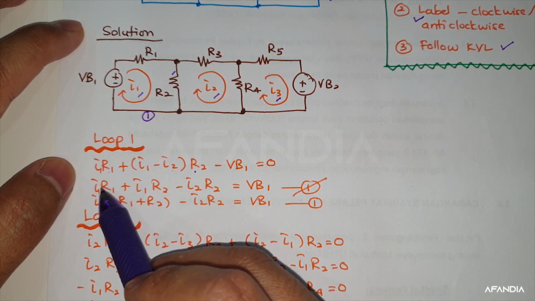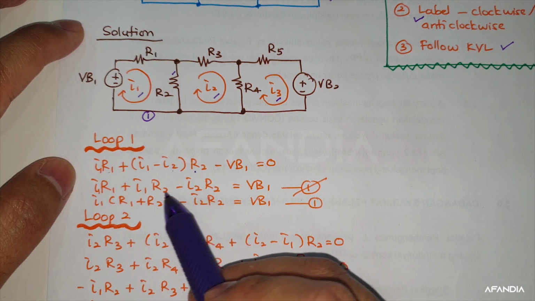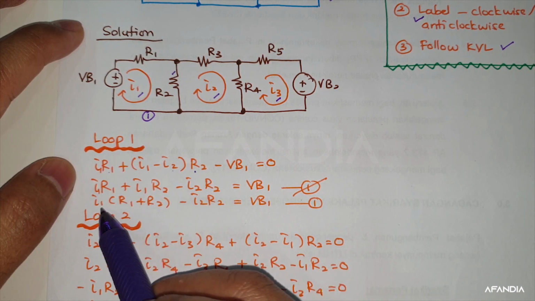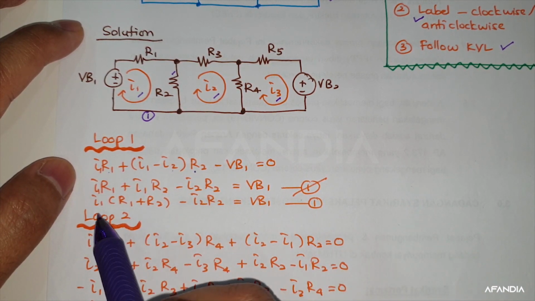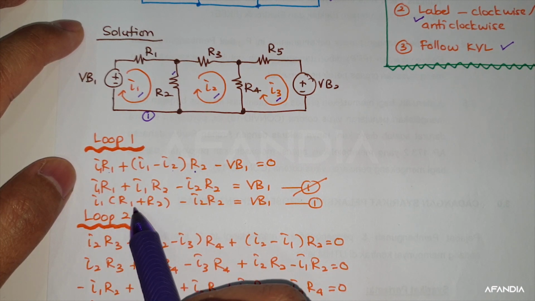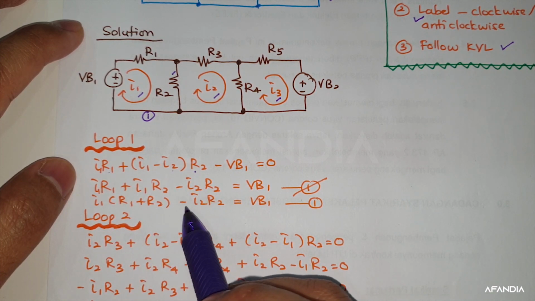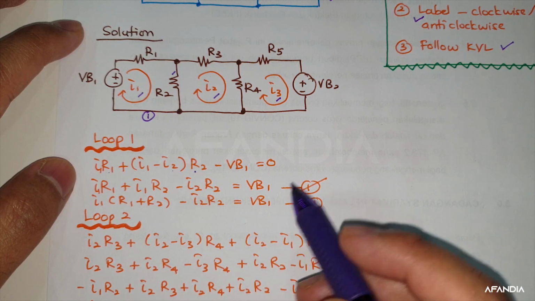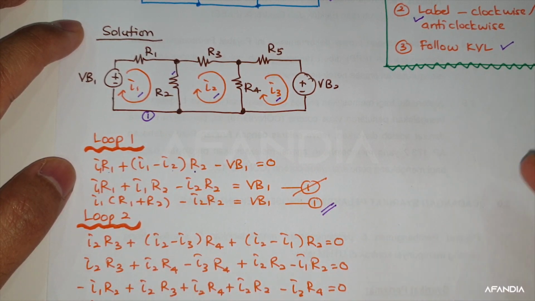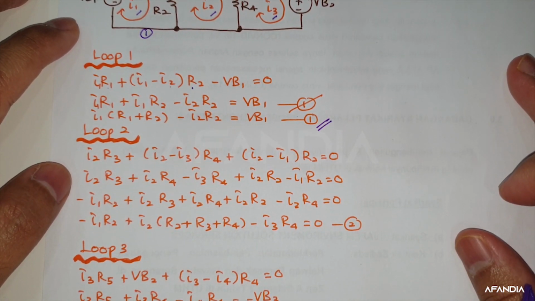And then what you need to do is use your mathematics skills. You just need to rearrange, and finally for equation 1, what you can have is I1 multiplied with R1 plus R2, minus I2 R2, equals VB1. This is your equation 1.